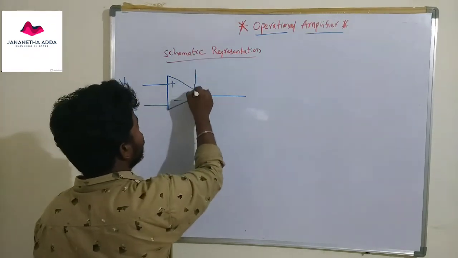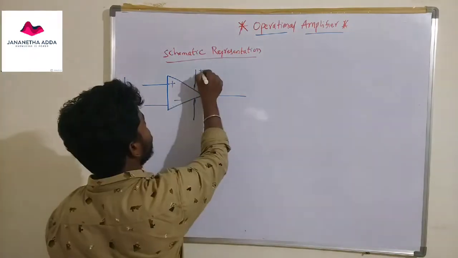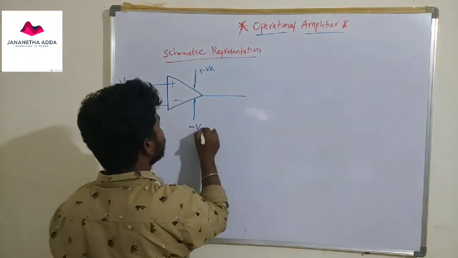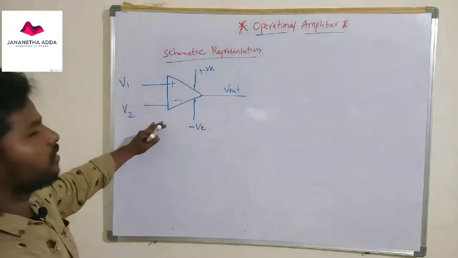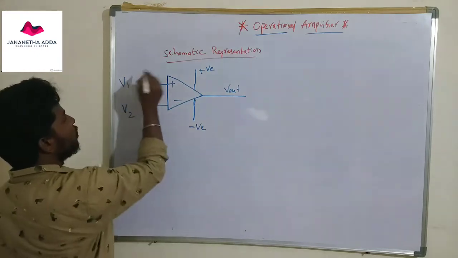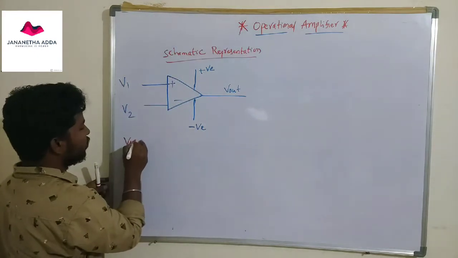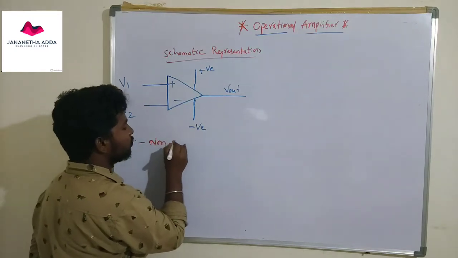It takes two power supplies, a positive supply and a negative supply, and gives the output V output. Naming the terminals, V1 is the non-inverting terminal.